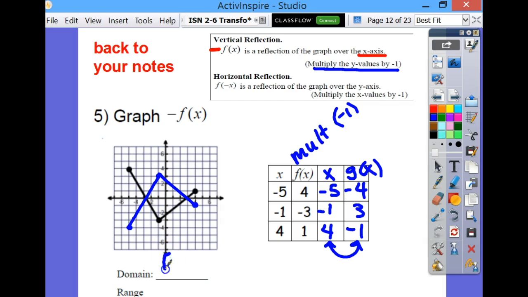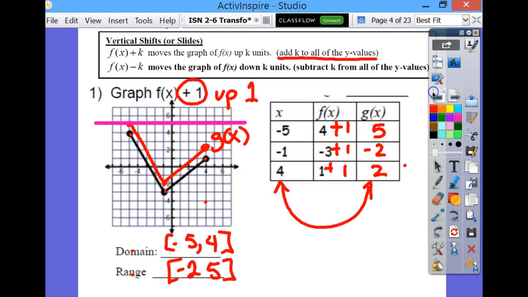And so it will have the same domain as the original one. The range is -4 to +3. How does that compare to the original range all the way back there at the top of your paper?